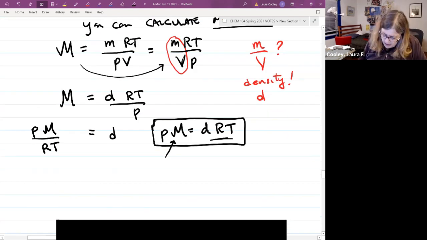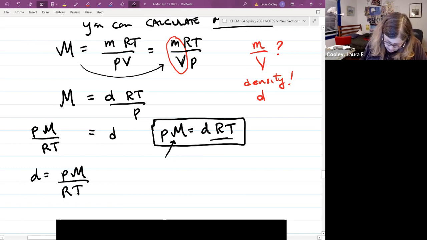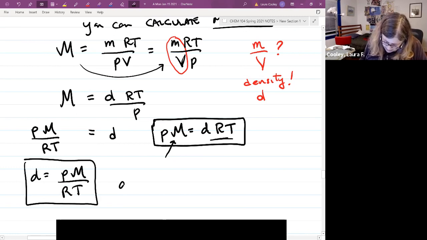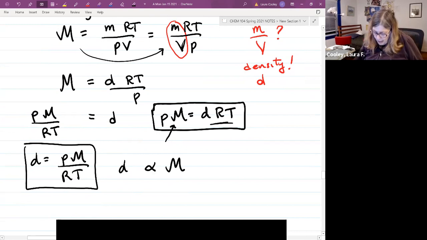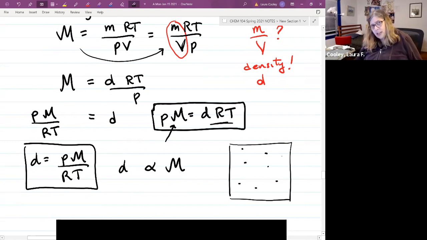Anyway, so what you can see here, though, is from this equation, D equals PM over RT. You could see that the density is proportional to the molar mass. Well, that makes sense, because if you have one of those samples, like a volume, and you have these tiny gas molecules, now we're talking about the mass of this divided by the volume.